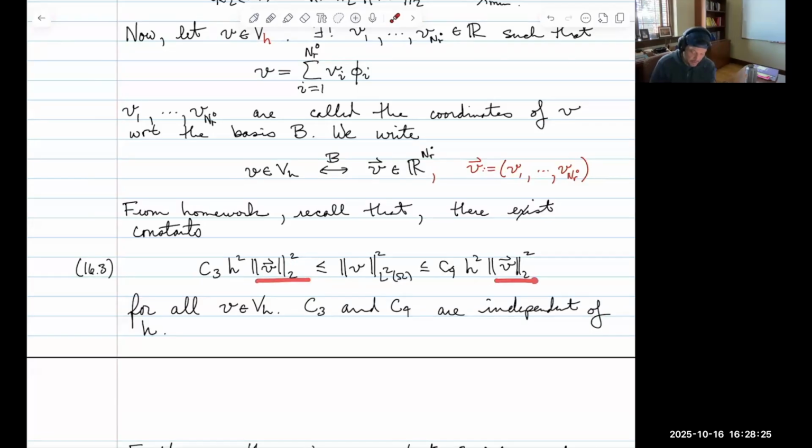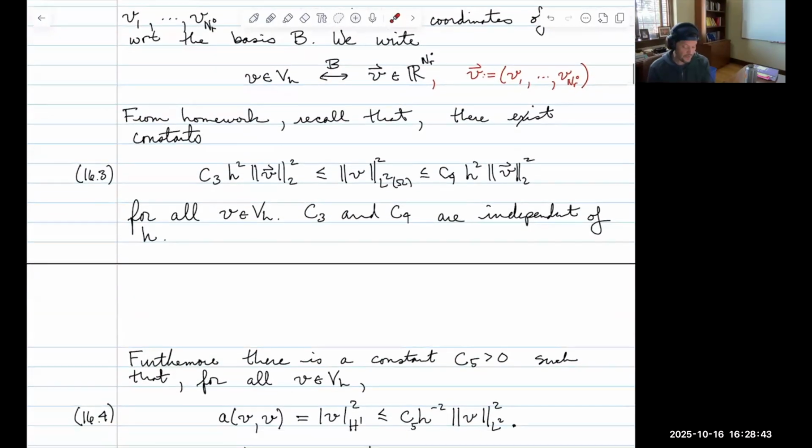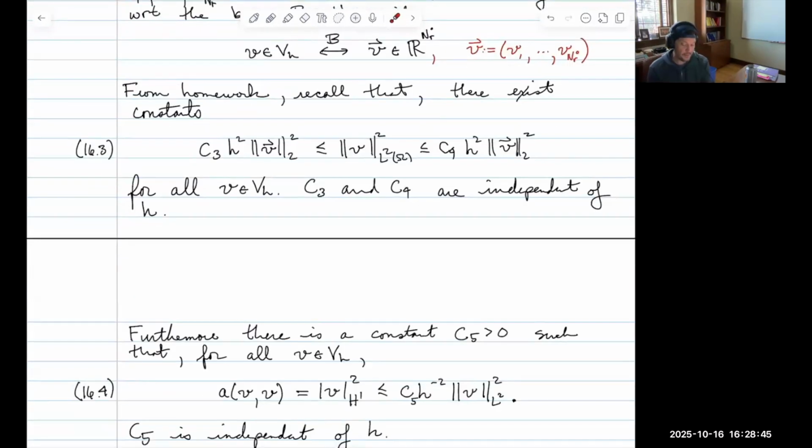Of course, this scaling and that scaling are exactly the same. What's different is these two constants, C3 and C4. What we know from that homework problem is that these constants C3 and C4 are independent of h. And you can use this trick called the reference triangle scaling trick to prove this inequality.